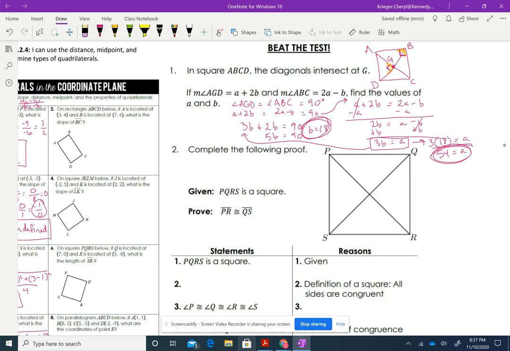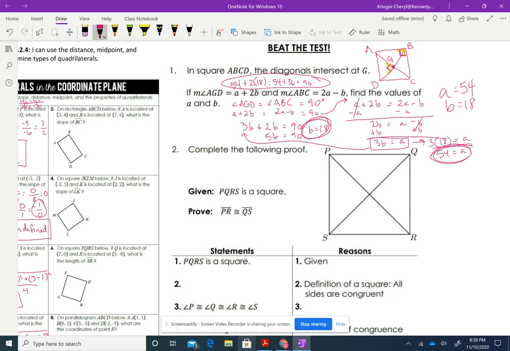If I plug this into my original equation, A plus 2B, so 54 plus 2 times 18 is the same thing as 54 plus 36, which does equal 90. All right, so good old substitution worked. So A is 54 and B is 18.